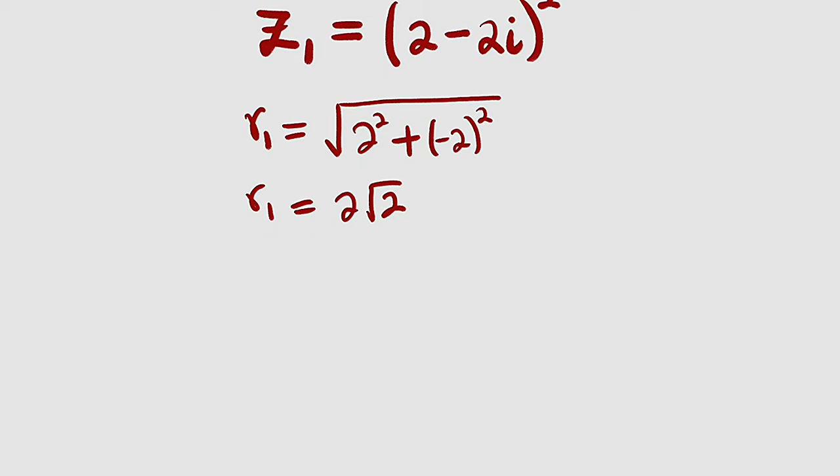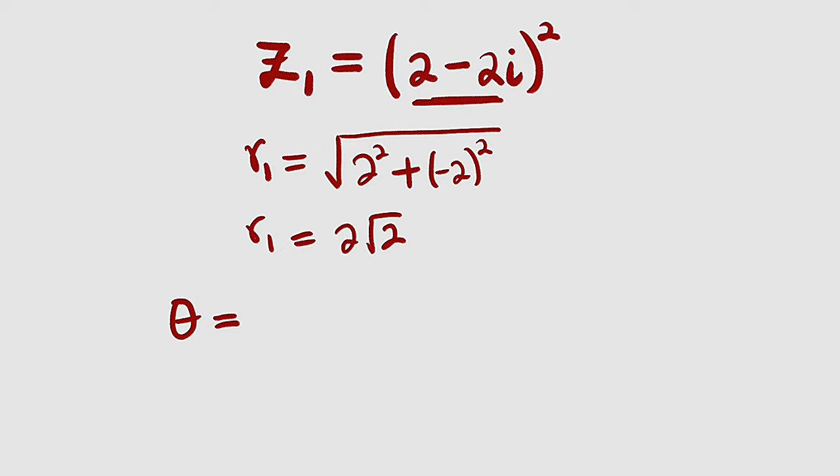And what about the angle theta? If you observe, this angle will be in the fourth quadrant because the real part is positive while the imaginary part is negative. So if you take first quadrant as reference, we're going to take all positive values here, but you have to subtract the result from 360 degrees because we are in the fourth quadrant. So this is 2 pi, which is 360, minus tan inverse of what? 2 divided by 2, that is imaginary part divided by the real part.